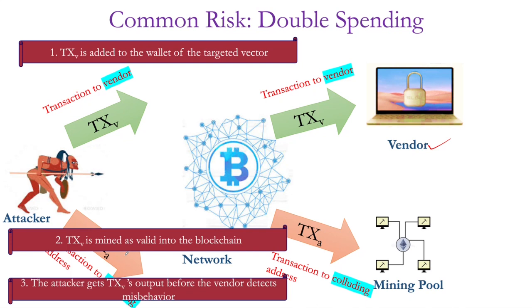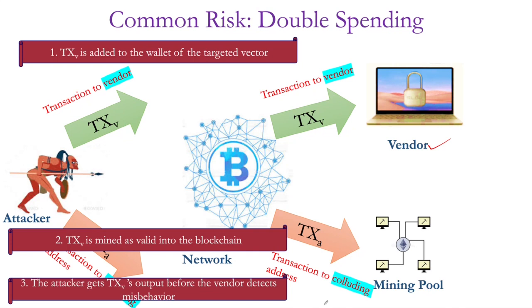If the attack is successful, then the transaction for the vendor will eventually be verified as an invalid transaction, and your bitcoins are really spent by transaction A to the colluding address.